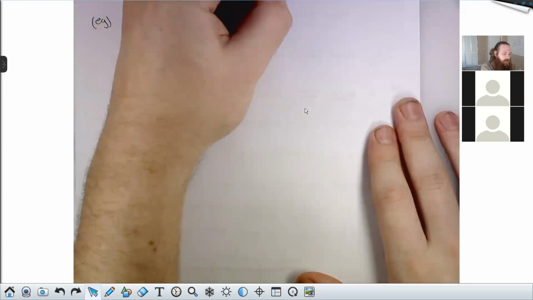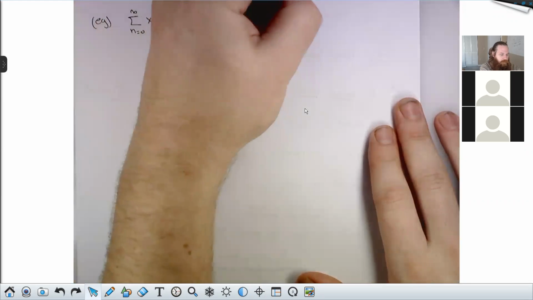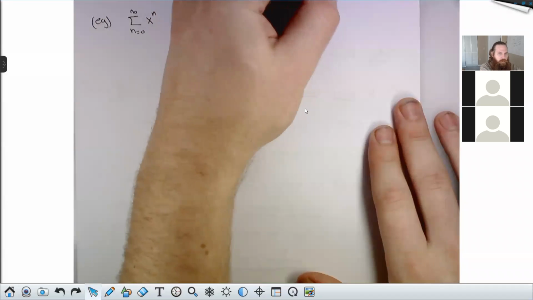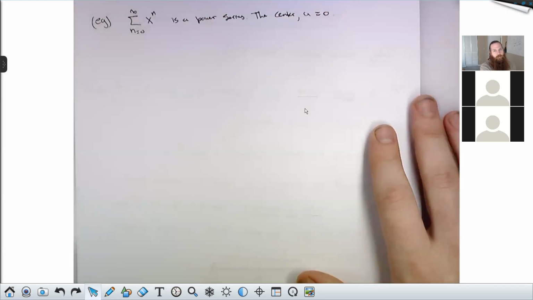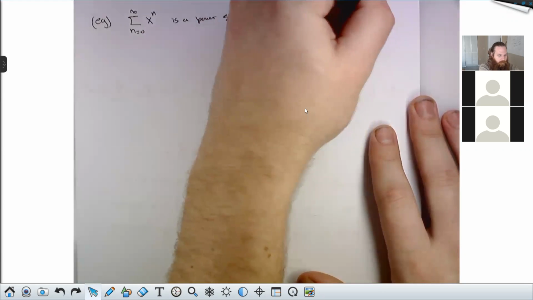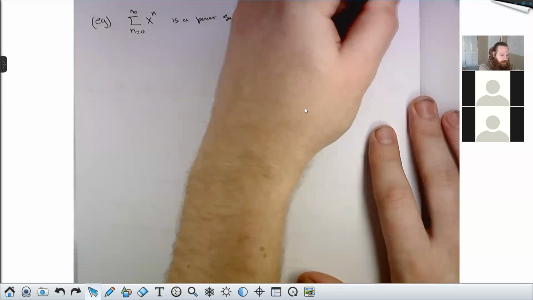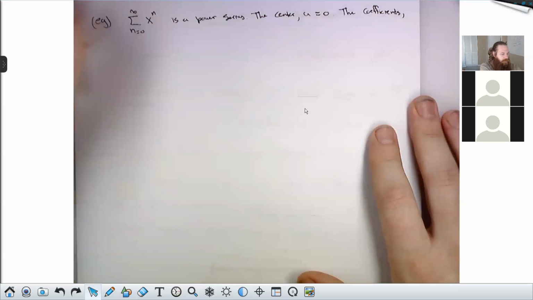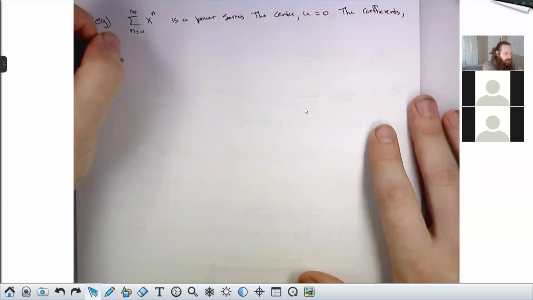The center, a, is 0. The coefficients, c_n, are equal to 1 for all n.